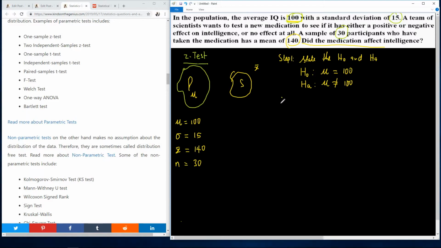So step 2. In step 2 now, you state the acceptance criteria.